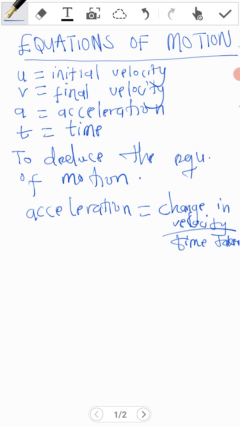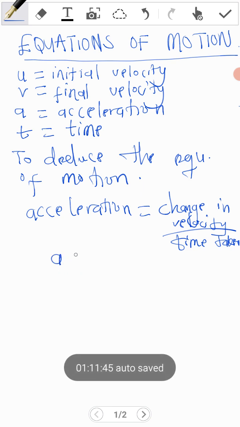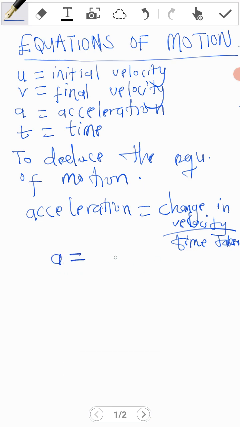Now we can simply write it as A is equal to change in velocity, which means final velocity minus initial, and then time taken will be T.